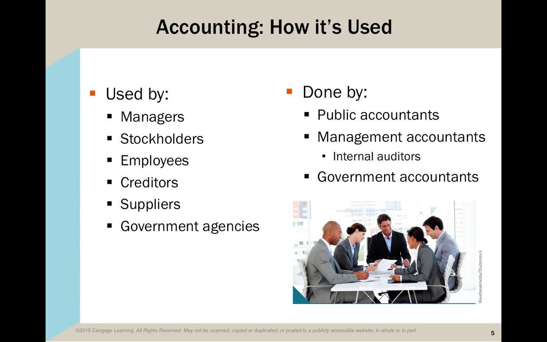You have public accountants, namely CPAs. You have management accountants, which are people that work inside the firm, and they also provide internal auditing. And then you have government accountants that also review the books for publicly traded organizations.